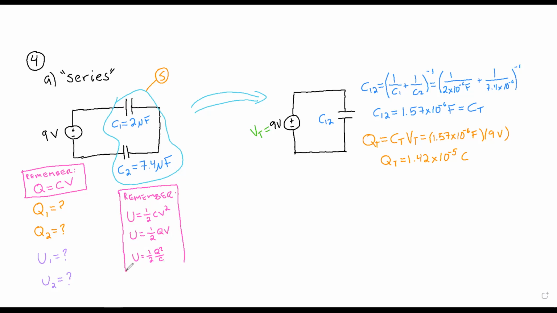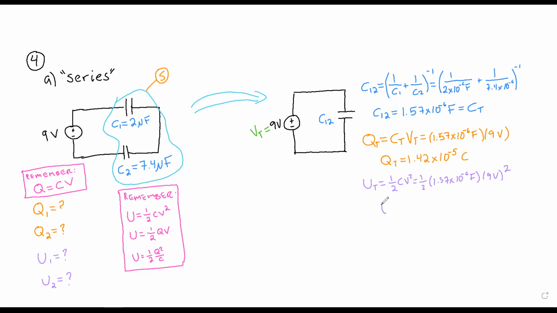Let's use the one that Andrea was mentioning, because before we had the charge, we already had the voltage and the capacitance. So U total, the total energy, is going to be equal to 1/2 CV squared, which is 1/2 of 1.57 times 10 to the minus 6 farads times 9 volts squared.